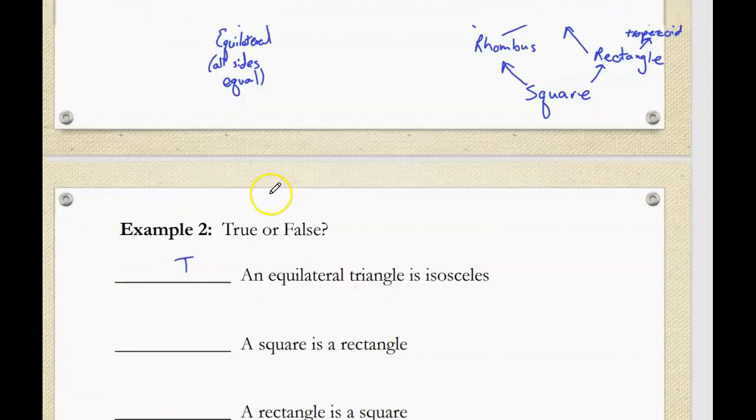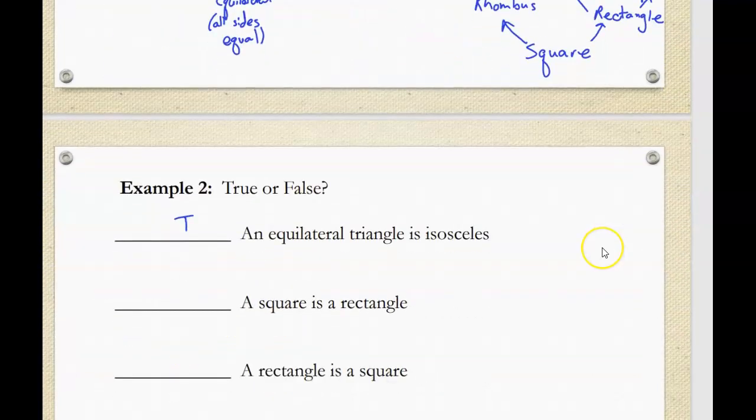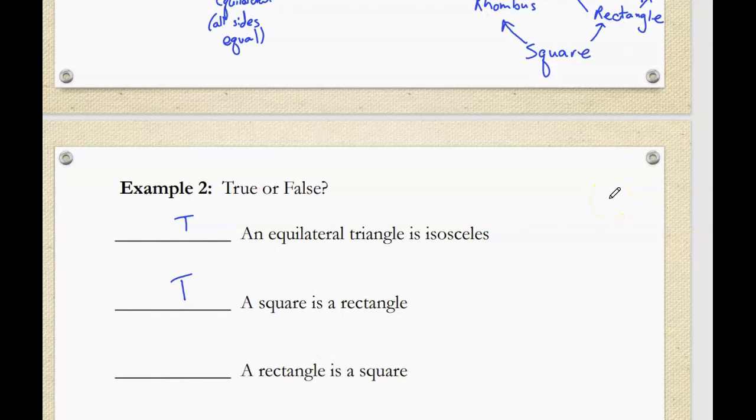Because remember, anything underneath, if this is underneath it, then yes, that is true. A square is a rectangle. That is true. A rectangle is automatically a square. No, not all rectangles are squares.